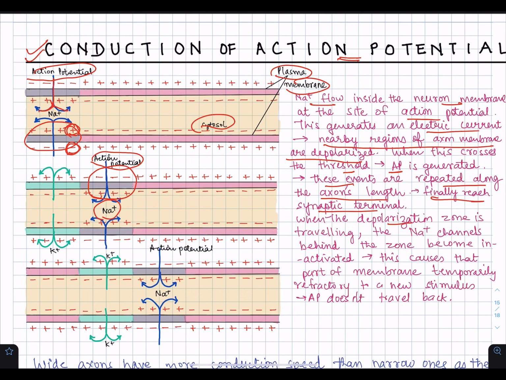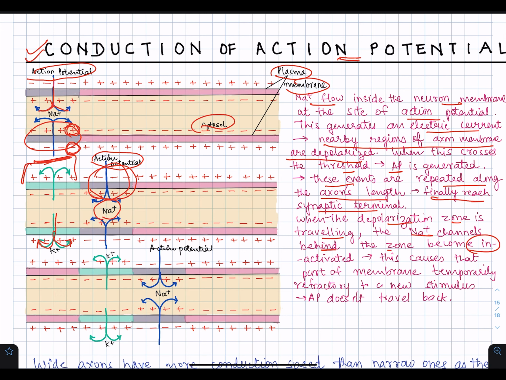When the depolarization zone is traveling, the sodium channels behind the zone become inactivated. Behind the zone means this side. This side they have become inactivated. Here we see the potassium channel has become activated and the potassium ions are coming outside, not the sodium.